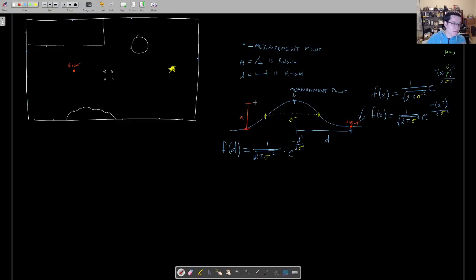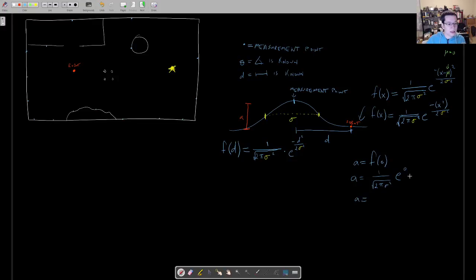And we want this peak magnitude to be A. So A is some number that we're assigning it, but we want f of 0 to be A. So A equals 1 divided by the square root of 2 pi sigma squared times e to the 0.